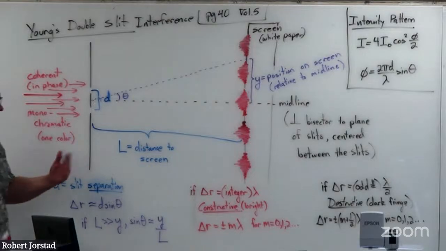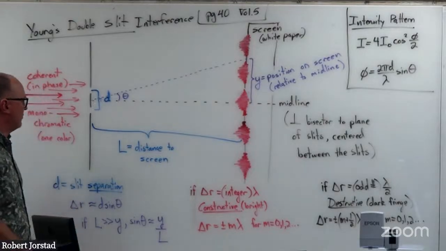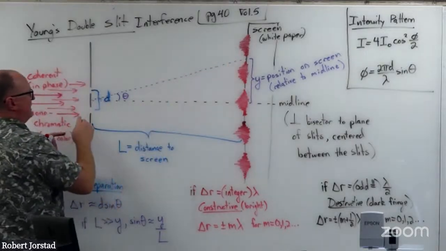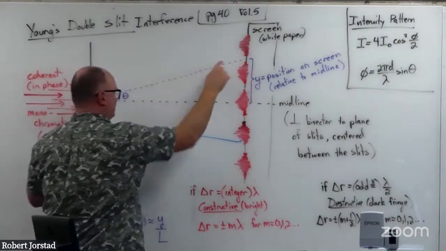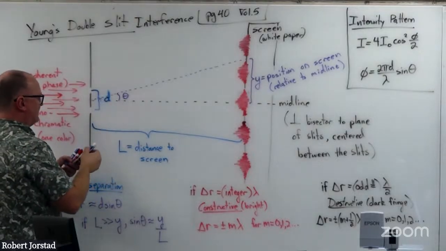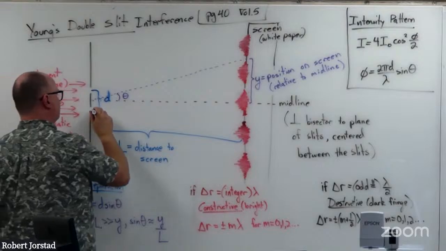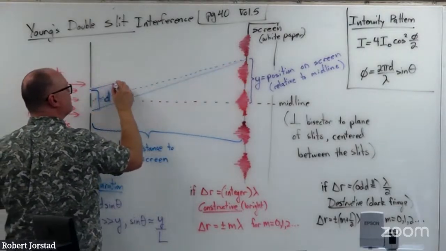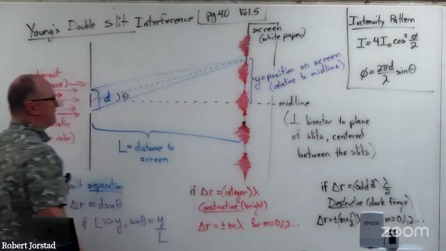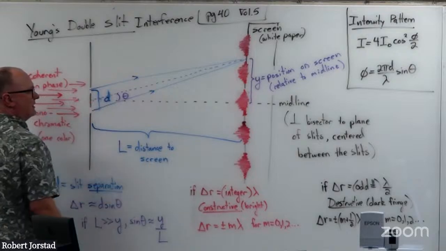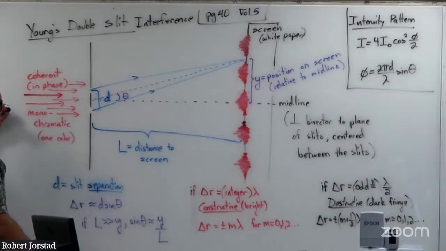So why do we get these bright and dark spots? Well, light from one slit is traveling a different distance than light from the other slit. I don't want to cloud up this diagram too much, but maybe I'll give it a shot. These two light rays, ray 1 and ray 2, do not travel exactly the same distance.